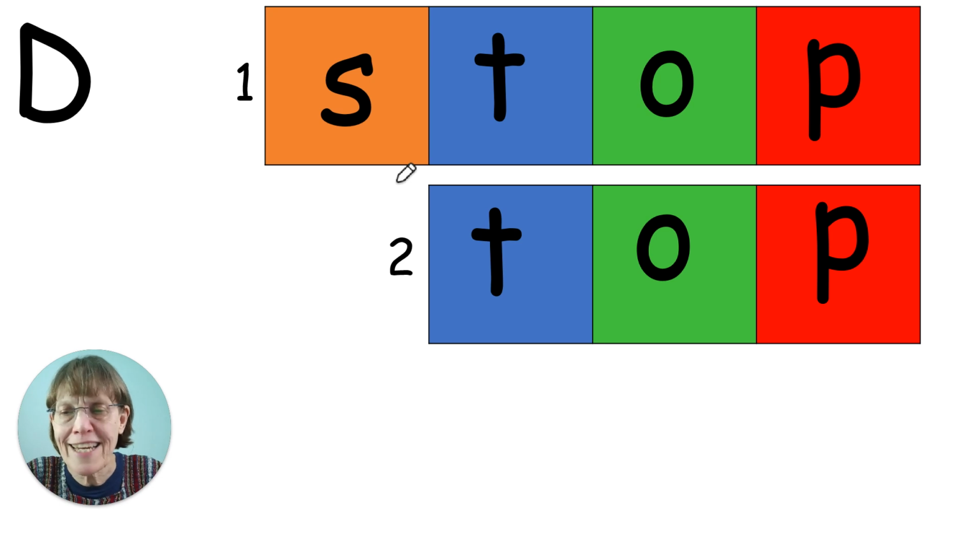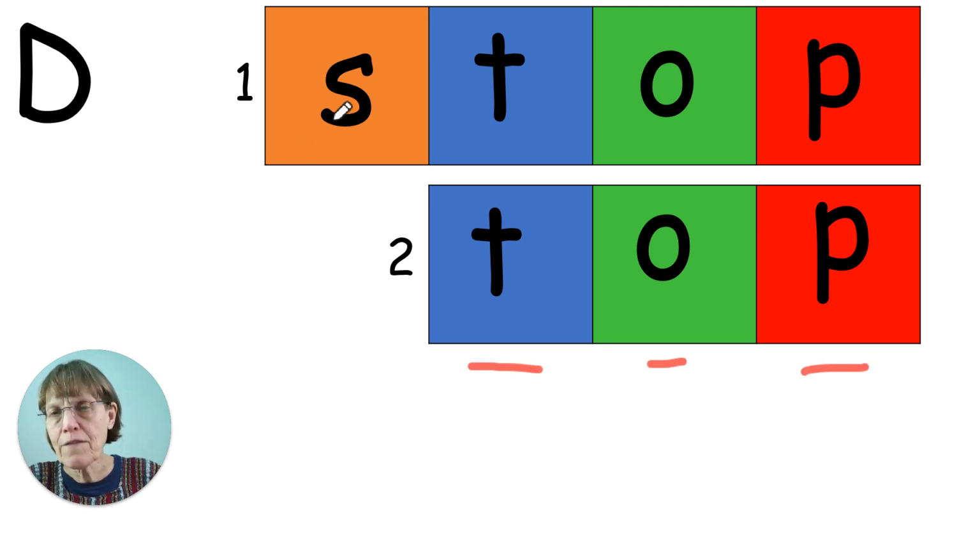We dropped a sound. Now we only have 3 sounds. So 4 sounds down to 3 sounds. We still have a T, A, P, but that first S sound is gone.